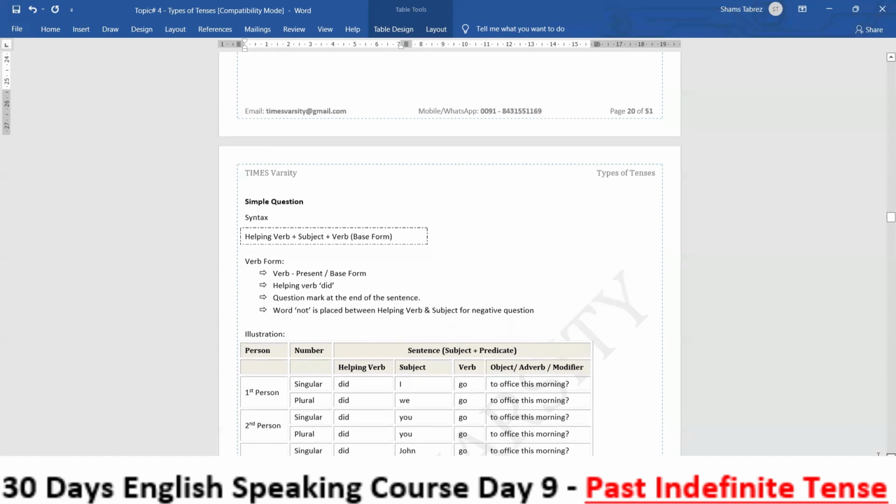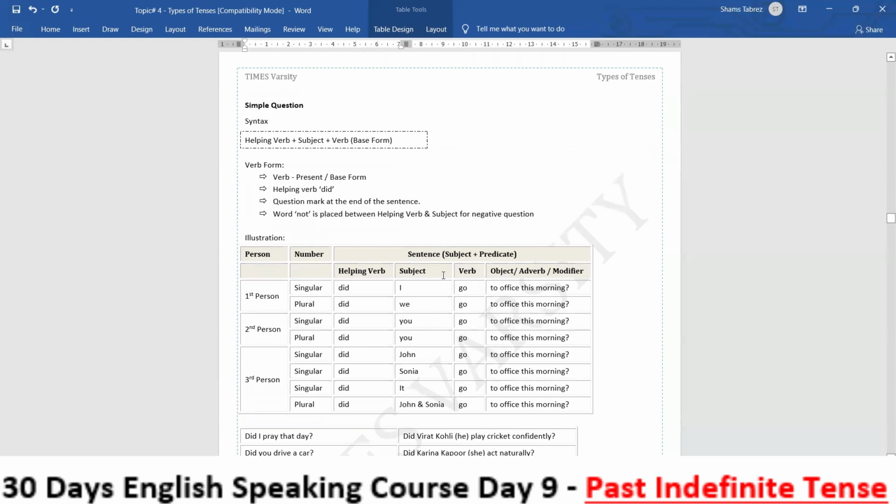Now here we are making a simple question in past indefinite tense. First person singular. You see first the helping verb did is used. So did I go to office this morning? And here it ends with a question mark. Did we go to office this morning?